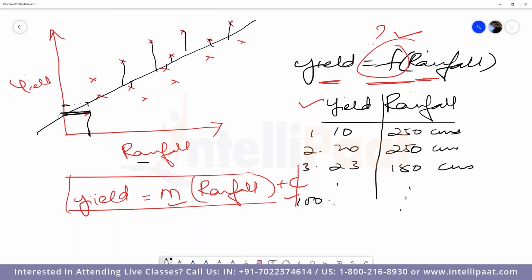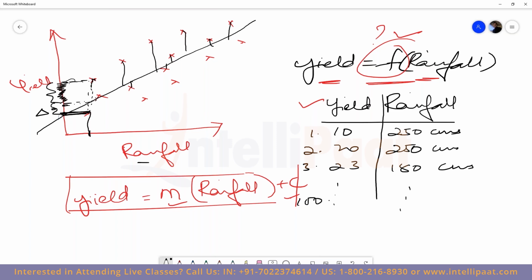This is the predicted value, this is the actual value. That delta that you see there is nothing but an error. So for example, if you take this point, this is the predicted value, while somewhere here is the actual value. Somewhere in this particular range is your actual value. So that difference is the error for that particular data point.